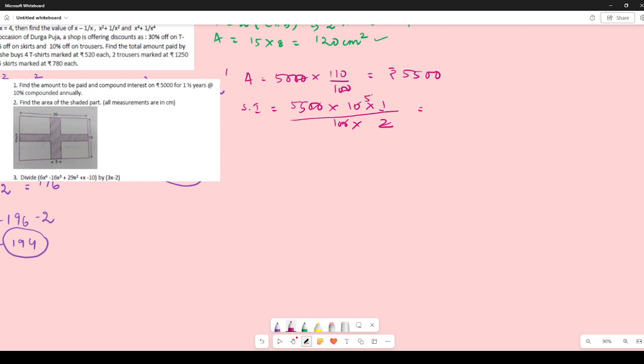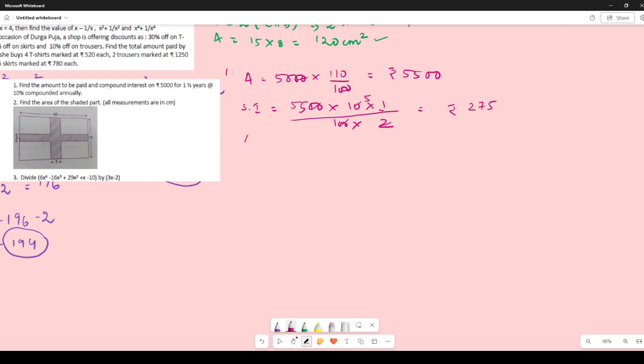So now what you get over here is 5500 into 10 into 1 by 2 by 100. The simple interest is rupees 275.